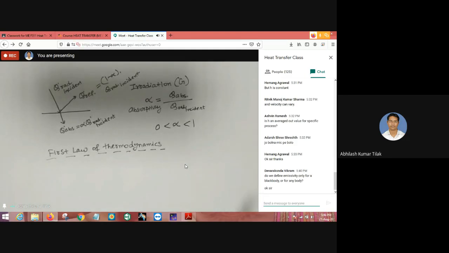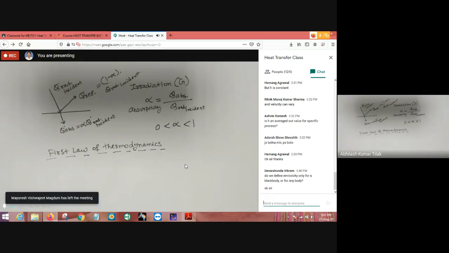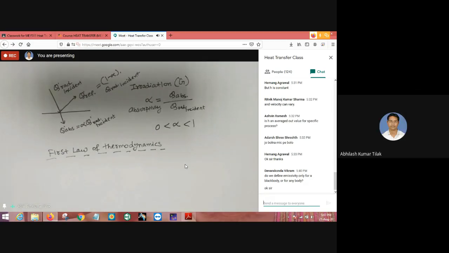The first law of thermodynamics is conservation of energy. If we consider any system, the energy entering the system or leaving the system gives us an idea about how much energy was stored by the system, or the change in the energy of the system.